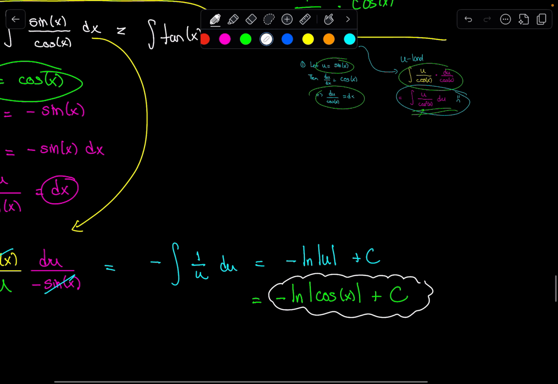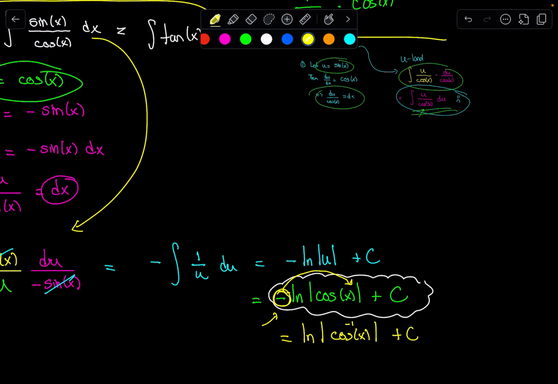And so before we finish, I'm just going to point out two quick things, which is that one, in the textbook, another version of this is we can remember that we can move the coefficients of the natural log up and down from the exponent. So this is actually still technically equal to the natural log absolute value of cosine of x, but raised to the negative first power. And that's not arc cosine.